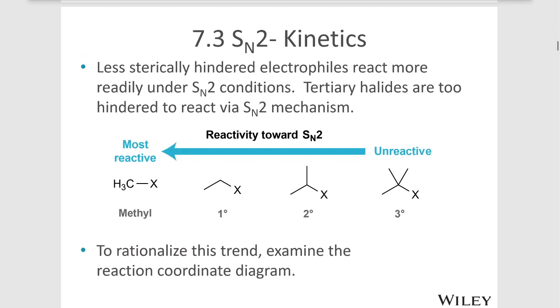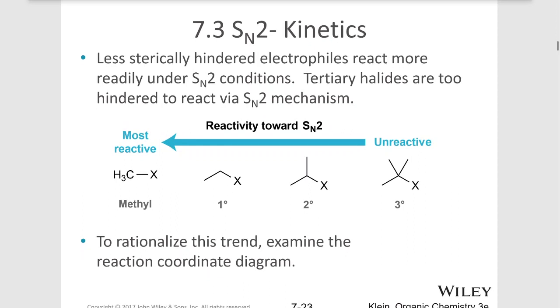Okay, so this reaction is governed by some strong kinetic factors, where we see that the most reactive type of alkyl halide is a methyl halide. The second most reactive is a primary, meaning it has 1 alkyl group, meaning it has 2 hydrogens on that alpha carbon.